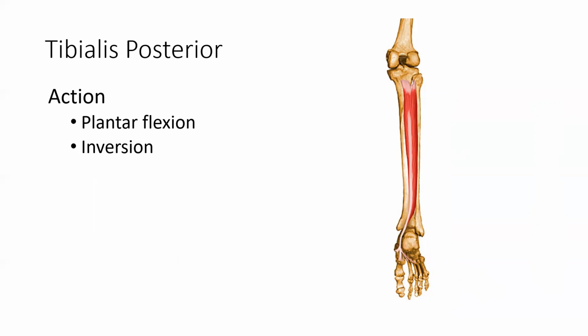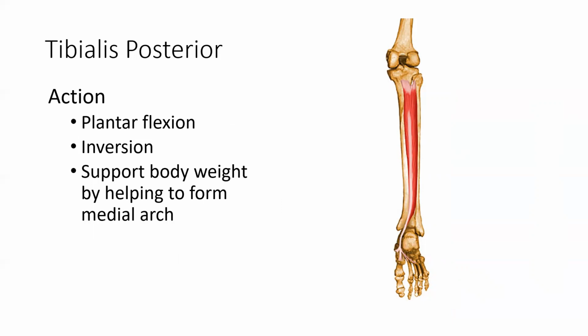But realistically, it's working to support the body weight and create a medial arch of the foot. So this muscle really runs through that medial arch and pulls the tarsals superior to keep that arch and to stabilize the midfoot through plantar flexion and inversion.